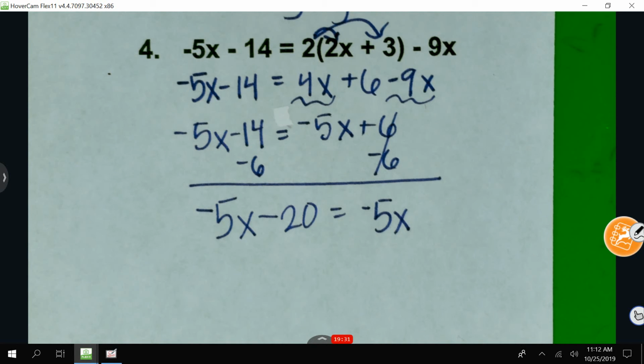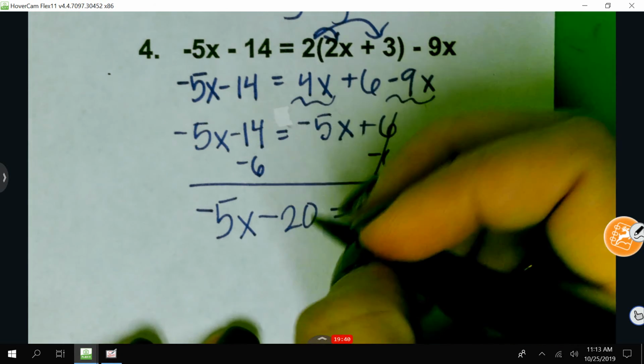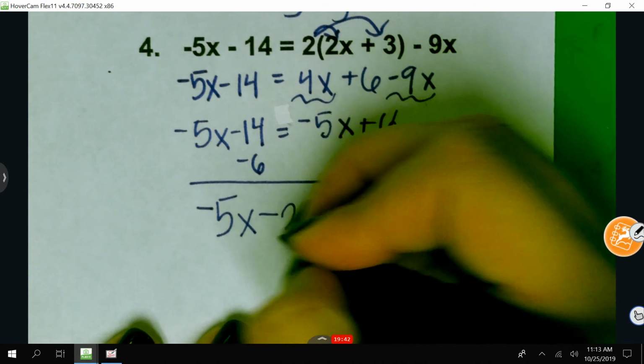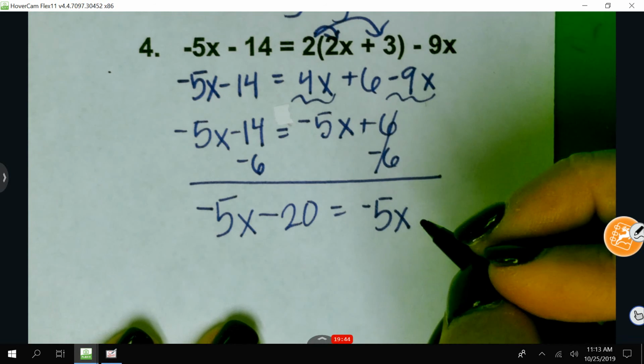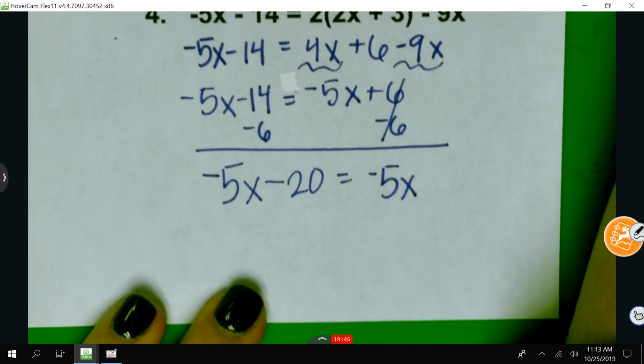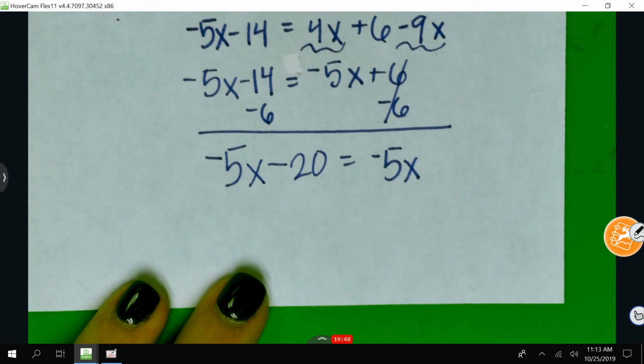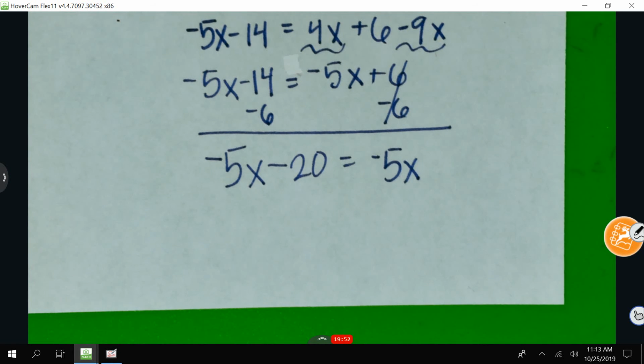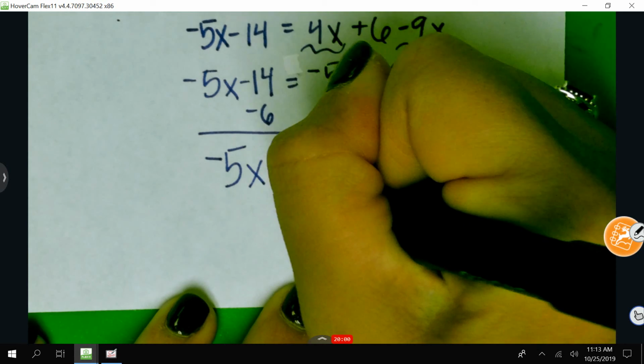No, because if negative 5x is equal to negative 5x, that means that minus 20 doesn't need to be there, right? If you add 20 to both sides, is that really going to do anything? It's just going to leave negative 5x equals negative 5x plus 20, right? So is this a true statement? No, this is not true.